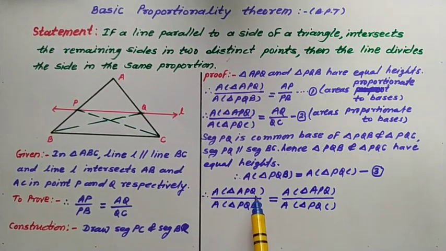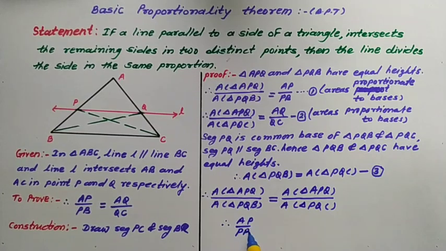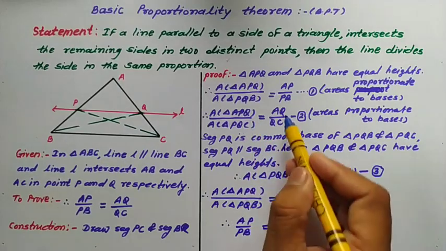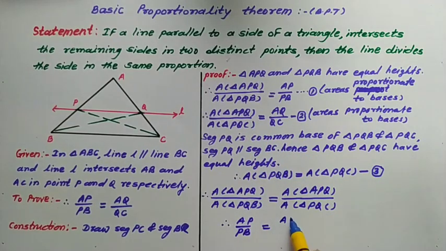The ratio of area of triangle APQ and area of triangle PQB is AP upon PB, and it is equal to the ratio of the other two triangles, AQ upon QC. This is what was to prove: AP upon PB is equal to AQ upon QC.